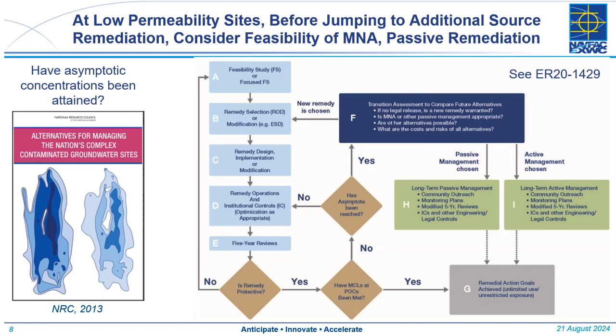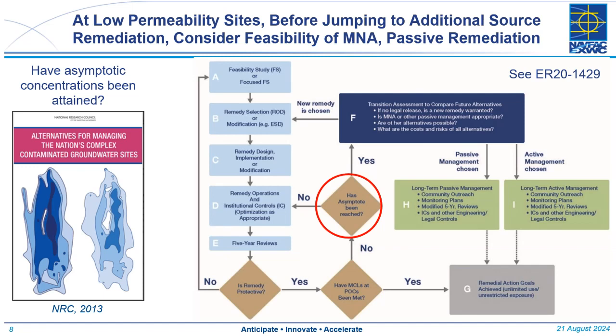On the right-hand side is the process for remedy selection. We do a feasibility study, we select a remedy, we implement the remedy, and then we operate it for a number of years. We start doing our 5-year reviews, and then we start looking at how we are doing. Is the remedy productive? Is it achieving cleanup standards? If we haven't achieved cleanup standards, we should start asking whether asymptotic concentrations have been achieved.